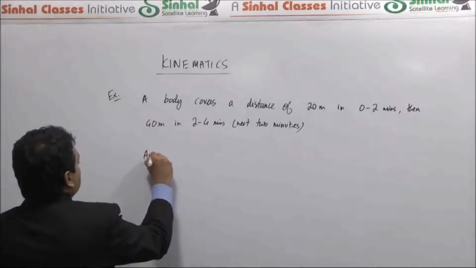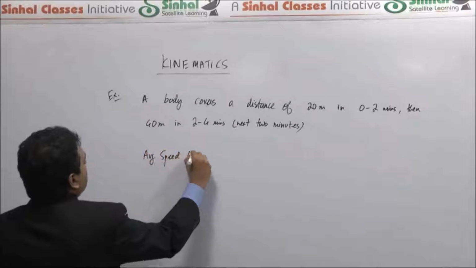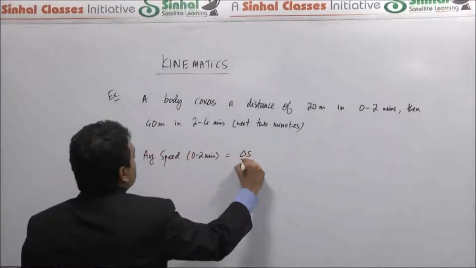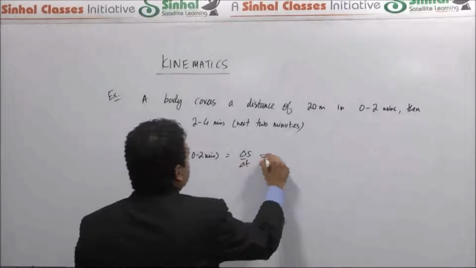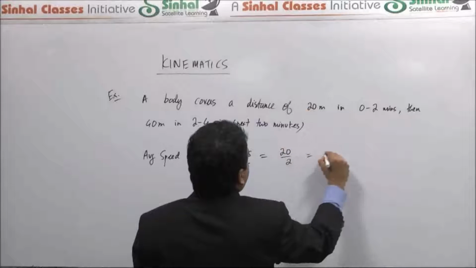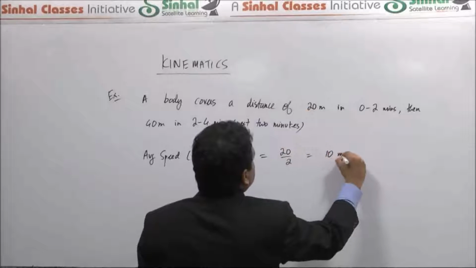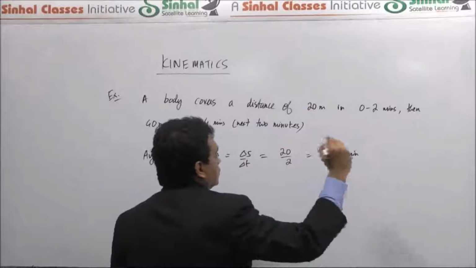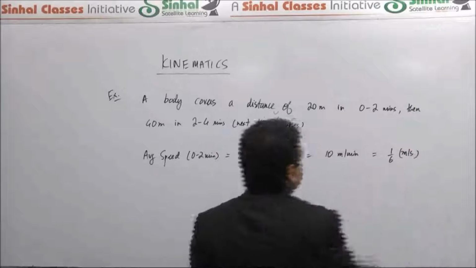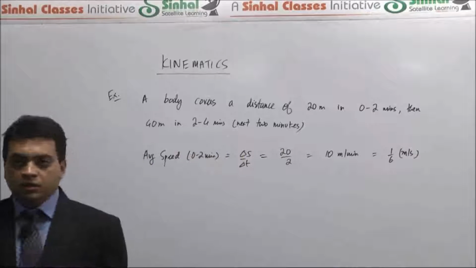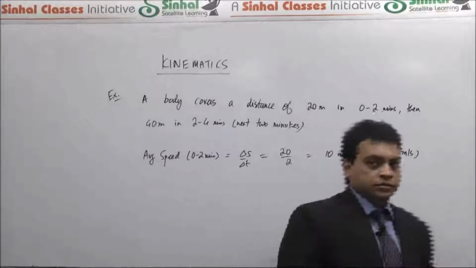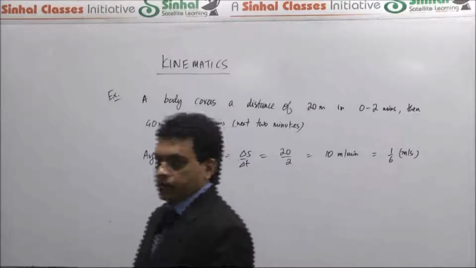So average speed from 0 to 2 minutes is total distance upon total time for 0 to 2 minutes, right? So that is 20 divided by 2, or 10 meters per minute, or you can convert that, so it's 1 by 6 meters per second. This is dividing by 60: it's covering 10 meters in a minute, so it will take 10 meters for 60 seconds.